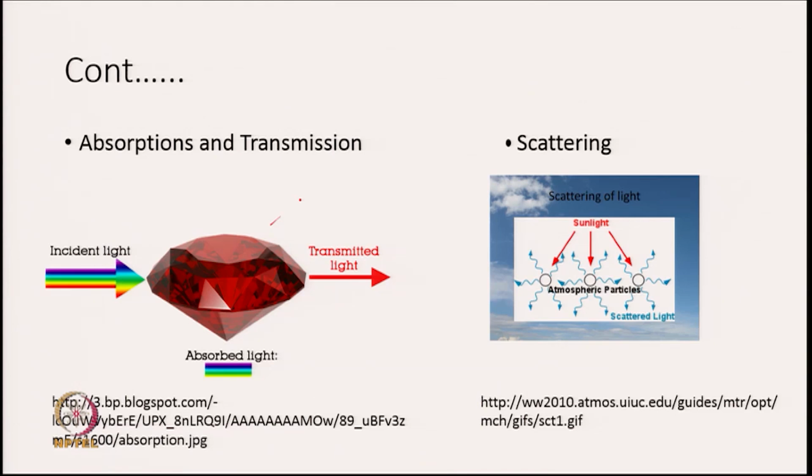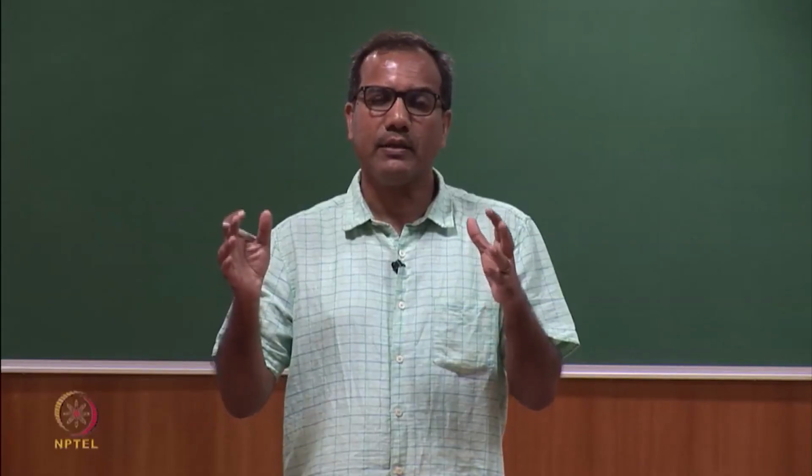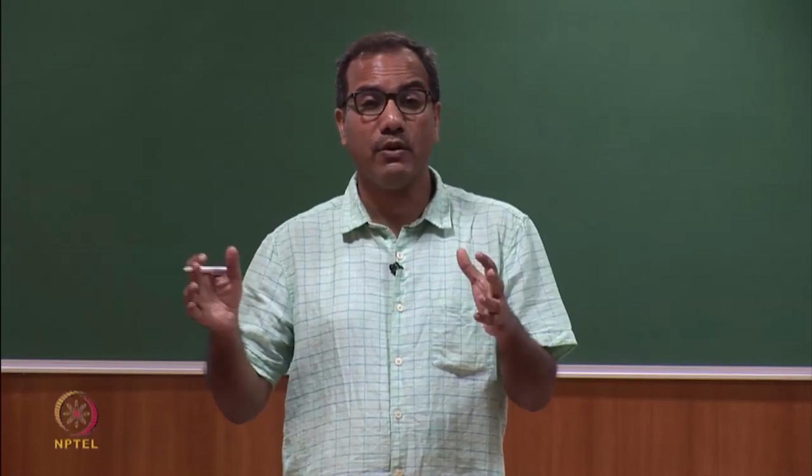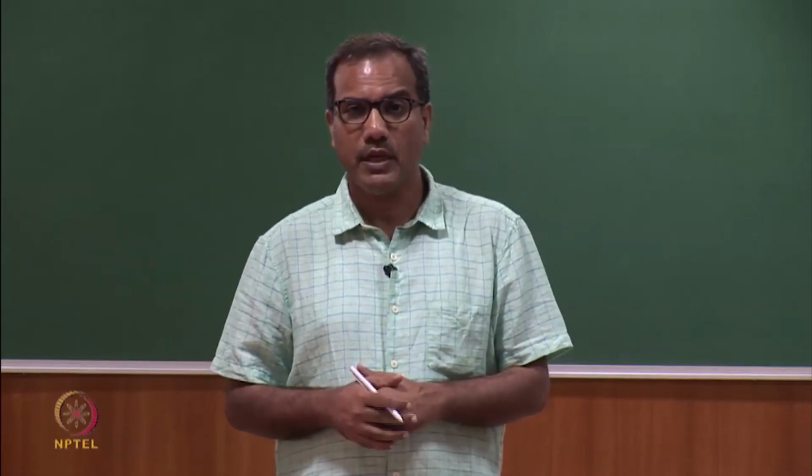For example, from the sunlight we get a continuous spectrum. What that means is we are getting waves of a whole range of wavelengths from the sun.